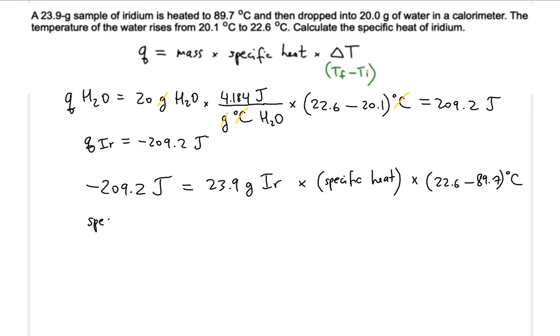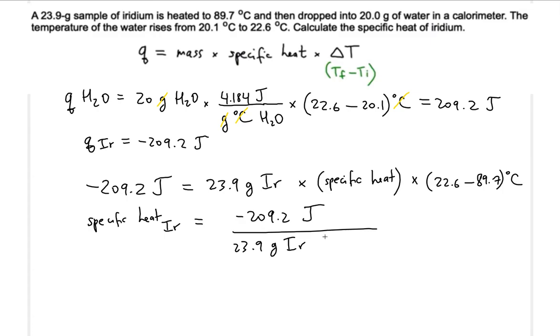So the specific heat of iridium is going to be negative 209.2 joules divided by 23.9 grams of iridium times the temperature change, which is 22.6 minus 89.7 degrees Celsius.